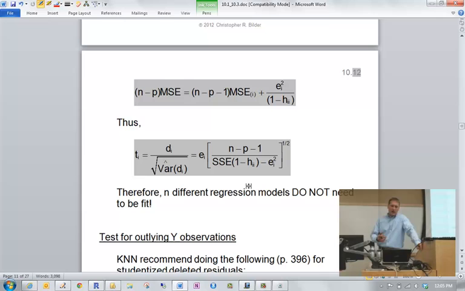Finally, on page 1012, one can show a nice little relationship between MSE and MSE sub i. Don't worry about it. If you solve for MSE sub i, then we finally get a statistic that can be estimated through just estimating one model. That's good.